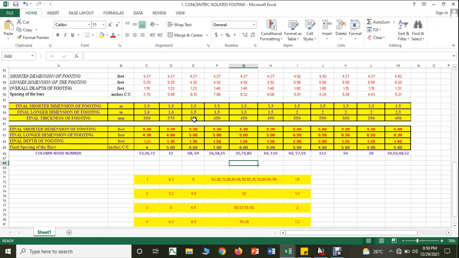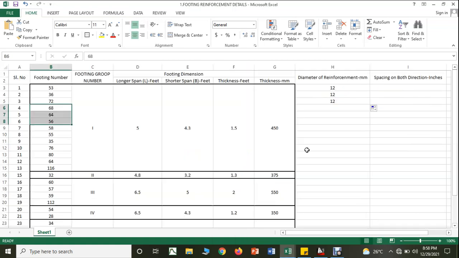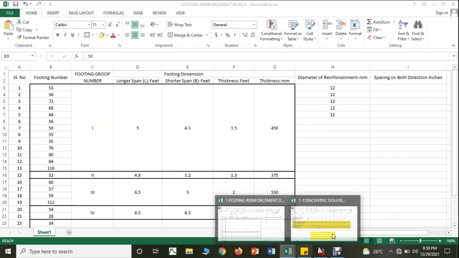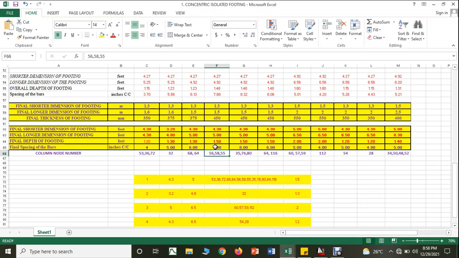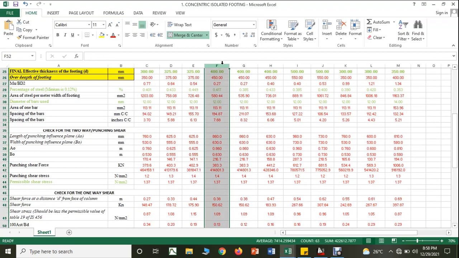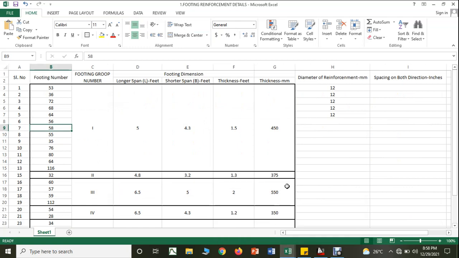Again 12. These 2 are also again 12 only. Then 56, 58, 55. So what is the diameter? Again 12. 1, 2, 3. The diameter is again 12.